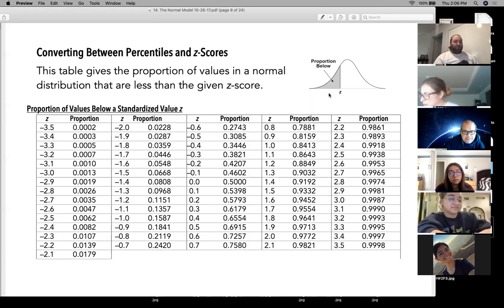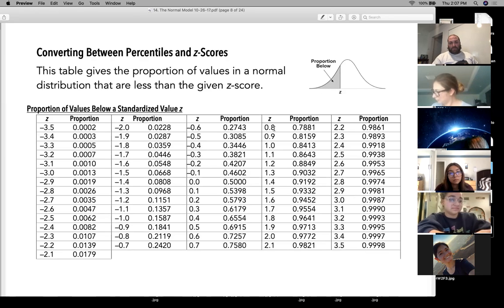You can just do a Google search for a z distribution table or a z-score table, and you'll see something like this pop up. This table gives us the decimals, negative 3.5, negative 3.4, negative 3.3, all the way to 3.5, and it tells us the percentage of data that comes below my z-score.